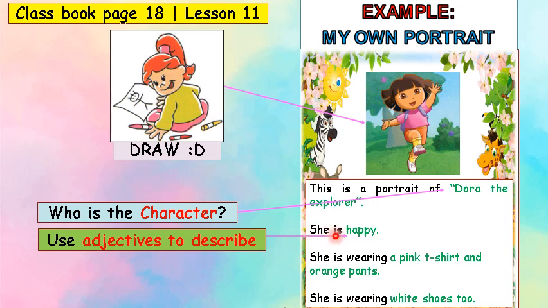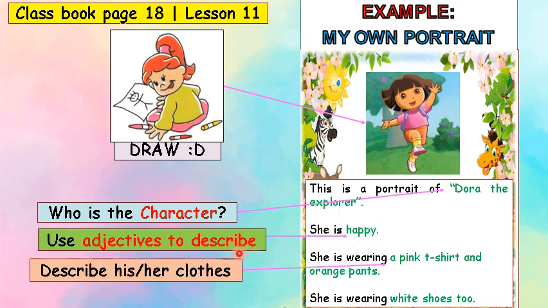Okay, she is happy, maybe she's serious, according to that. And describe his or her clothes. Okay, remember to describe his or her clothes. Remember, this is just an example, okay? This is just my example, okay? Take in count this.